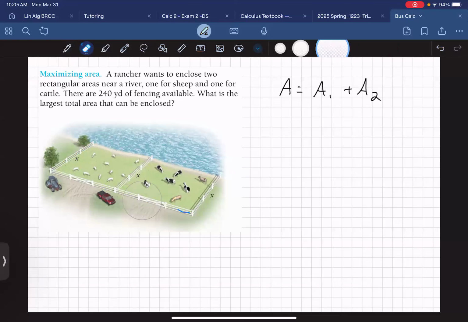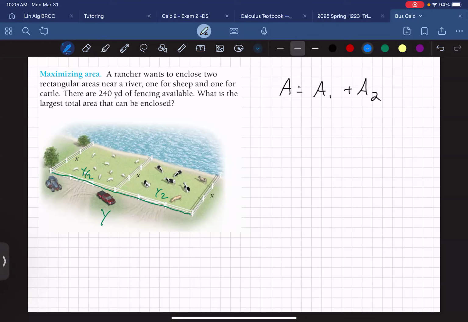Now, I think we're safe to assume that we want equal spacing, so whatever this length is here, we'll just call it y. This is going to be y over 2, and this is going to be y over 2. So I think we can confidently say both areas need to be of equal size.